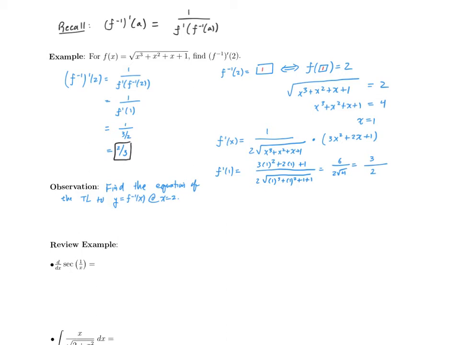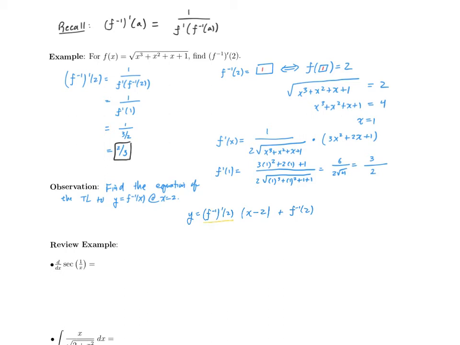But in order to have the equation of this tangent line, remember its generic form. It's going to be the slope of the tangent line, which is the derivative at 2, and it passes through the point given by 2 comma f inverse of 2, because f inverse is our function of interest. And we don't have to think too hard about either one of these values.